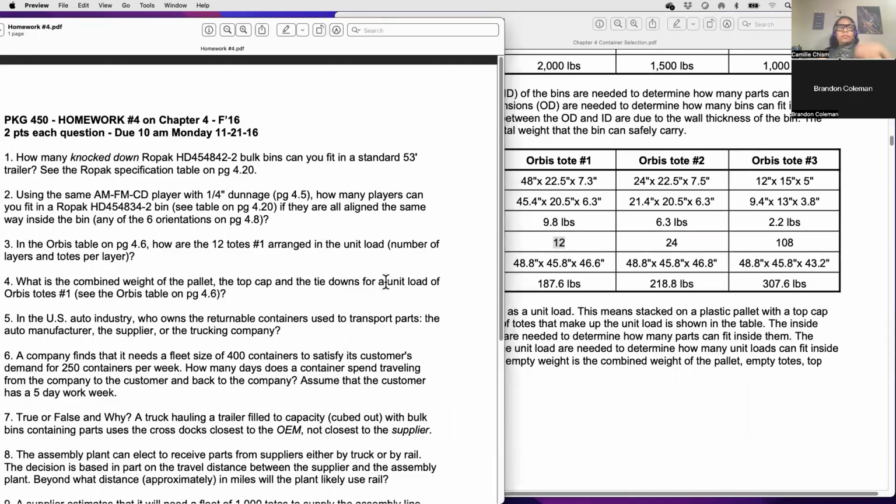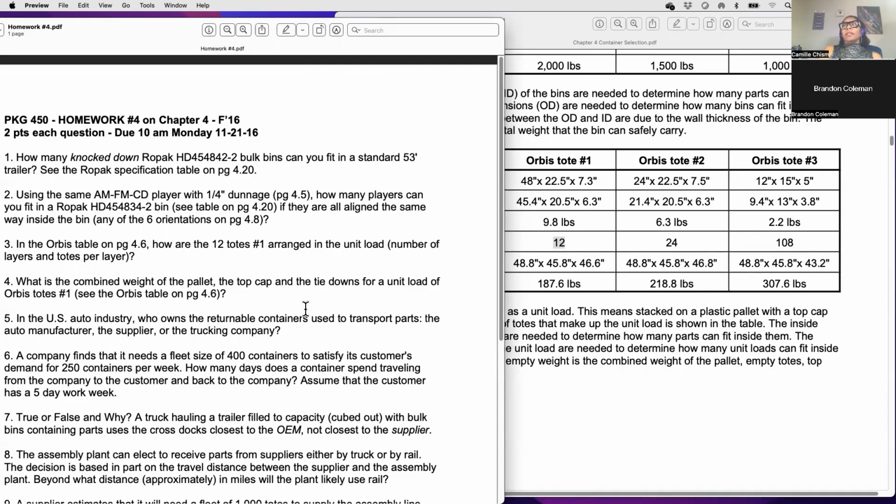So you're going to use that chart there. Let's see. You are going to look at that same number one, and you want to figure out for the unit load what is the weight of the totes.